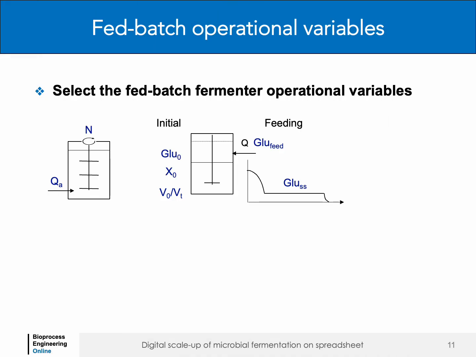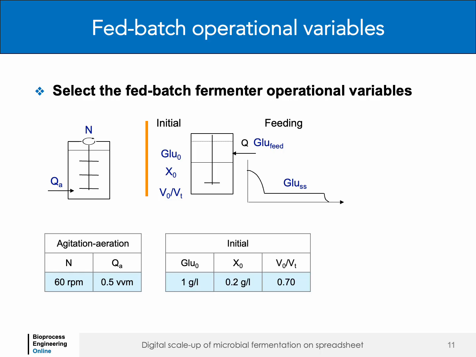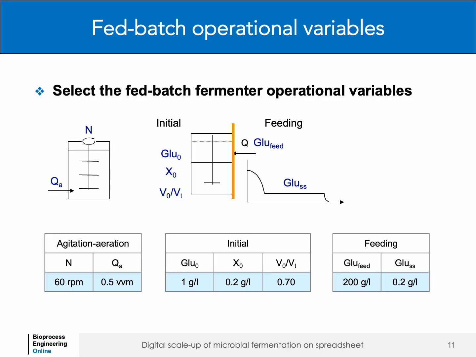In the developed simulation model, you can select the main operating variables of the fed batch fermentation: industrial fermenter agitation and aeration conditions, agitation speed N, airflow rate QA; initial fermentation conditions, initial glucose concentration GLU0, initial biomass concentration X0, initial volume fraction V0 over Vt; fed batch feeding conditions, glucose concentration in the feed GLU feed, target steady-state glucose concentration GLU-SS.